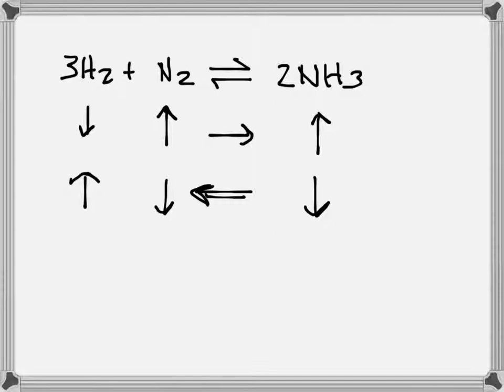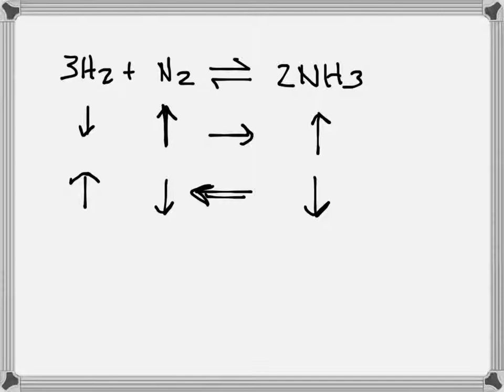Which part's shifting? The balance is shifting. And those arrows, the way they're depicted, that stays the same. So if I add more ammonia, nitrogen goes up, but hydrogen goes down? No. I should probably use different colors here.